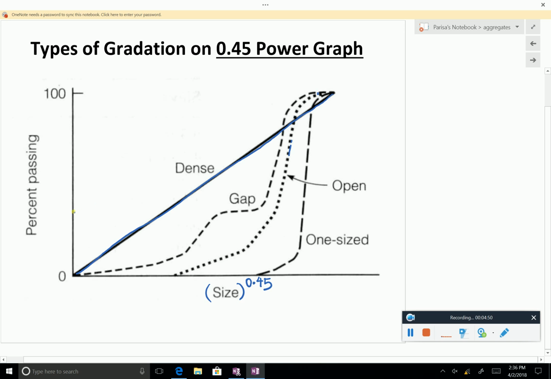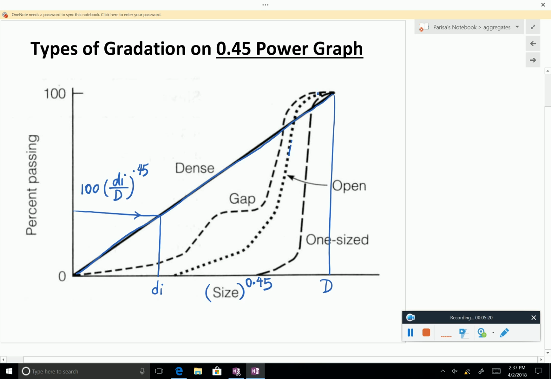So here the percent passing, as you saw, is 100 times di over D to the power of 0.45. That's the ideal, the densest that you can have. This is di. And this is D.